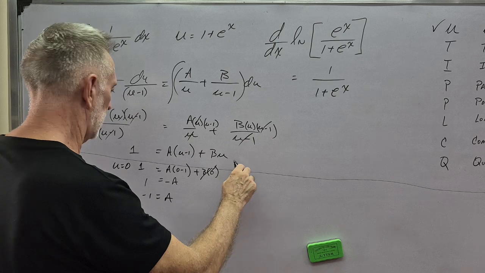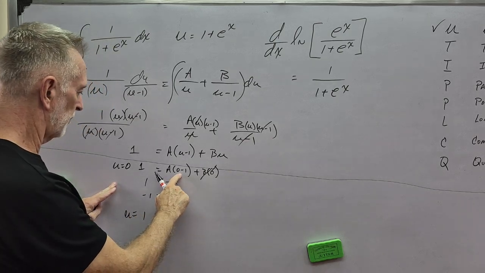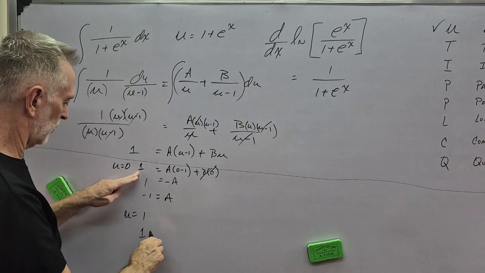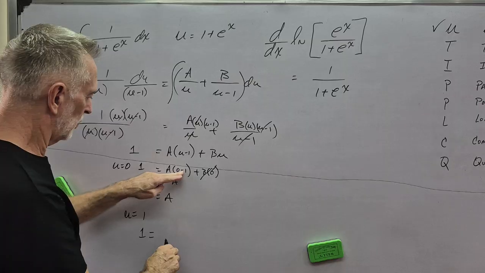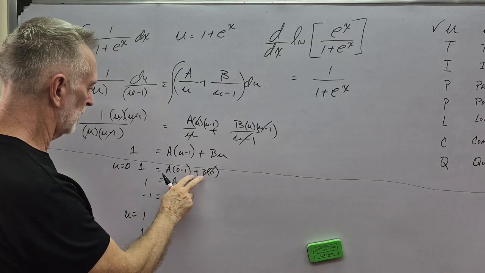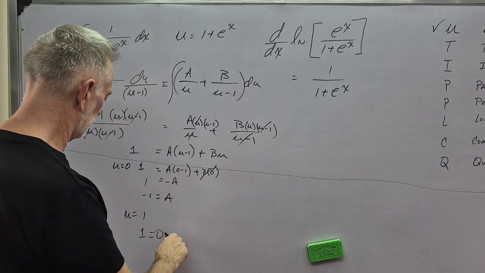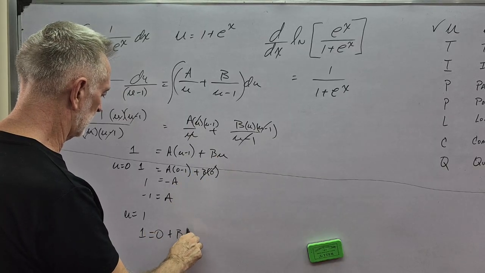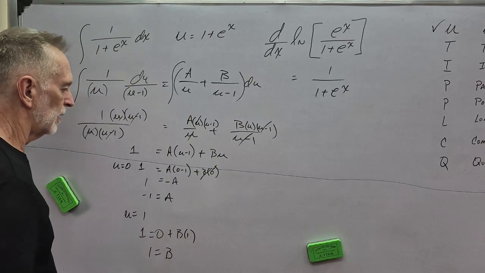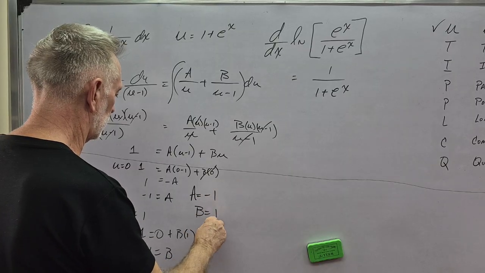Okay, if I let u equal 1, now I have 1 equals 1 minus 1 is 0, so I have 0 times a plus b times 1. So 1 equals b. All right, so a equals negative 1, b equals 1.